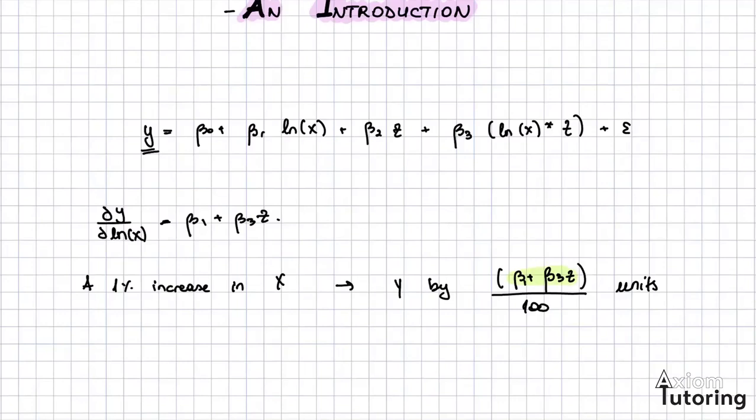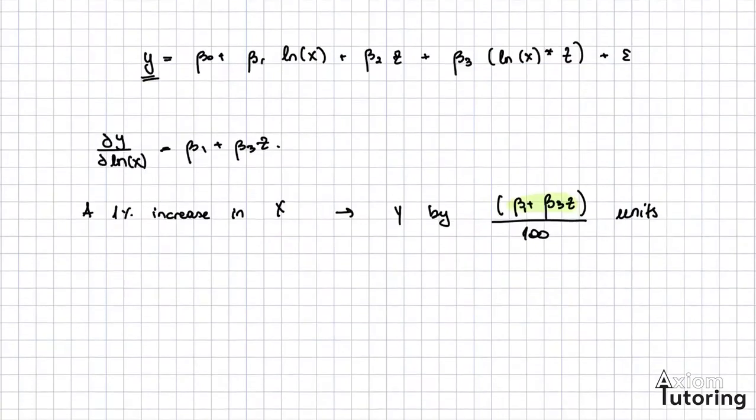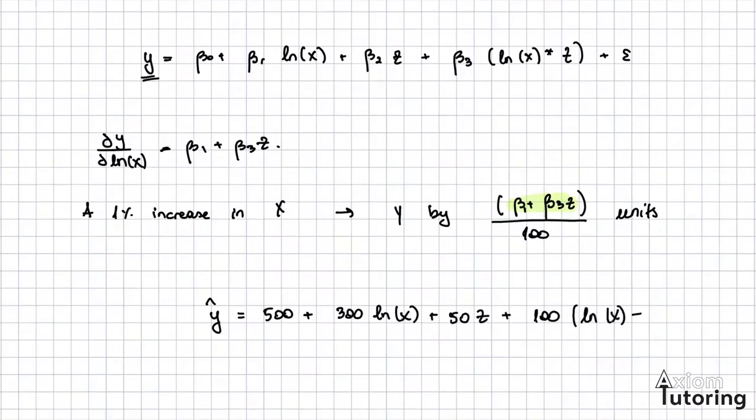You can look very quickly also at computing the effect with numbers by assuming you estimate a model which is y hat equals 500 plus 300 ln of x plus 50z plus 100 ln of x times z.